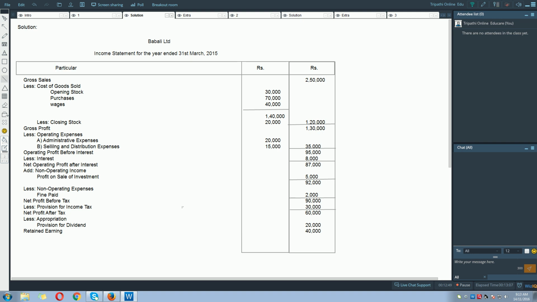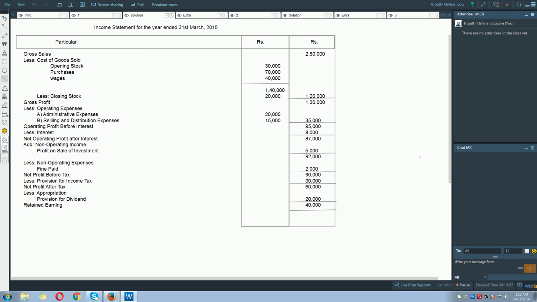Once we subtract this, we will get retained earnings, or I can say retained profit, which is 40,000.